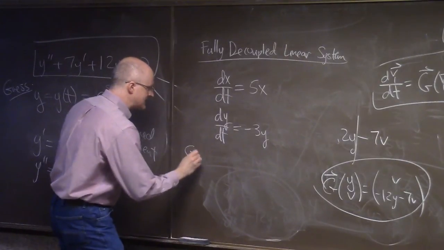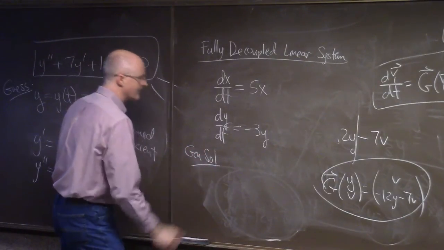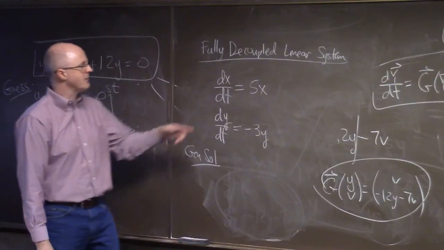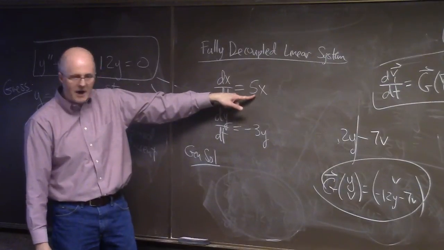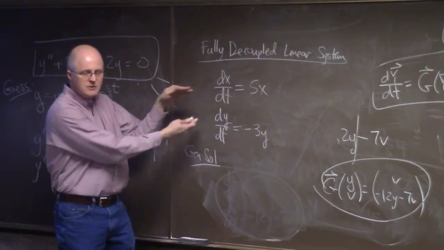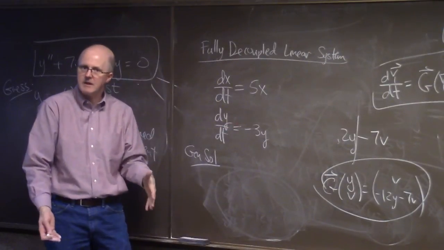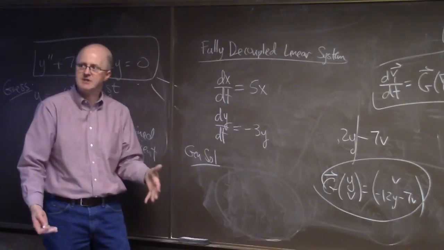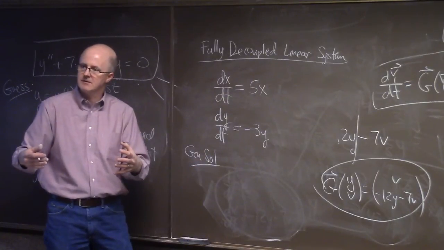It's very easy to solve systems like this. They're fully decoupled because this equation doesn't involve y on the right hand side, and this equation doesn't involve x. It's like they're two separate equations that I can think about separately and solve each separately and then just put the answers together.